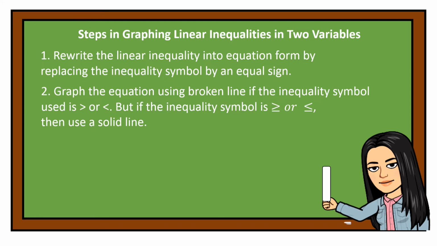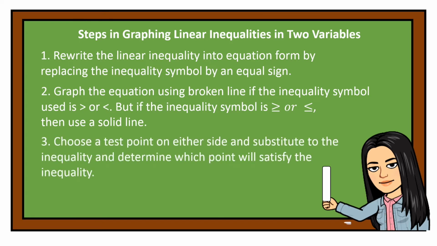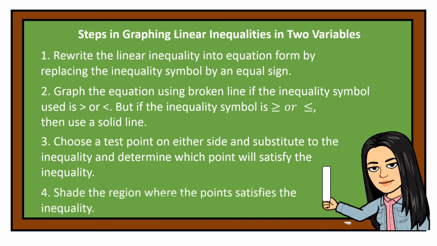But if the inequality symbol is greater than or equal to or less than or equal to, then use a solid line. Step 3. Choose a test point on either side and substitute to the inequality and determine which point will satisfy the inequality. Step 4. Shade the region where the points satisfies the inequality.